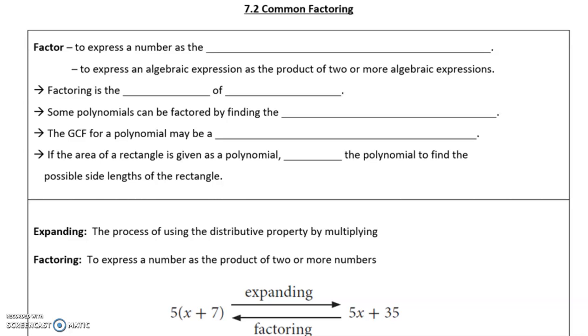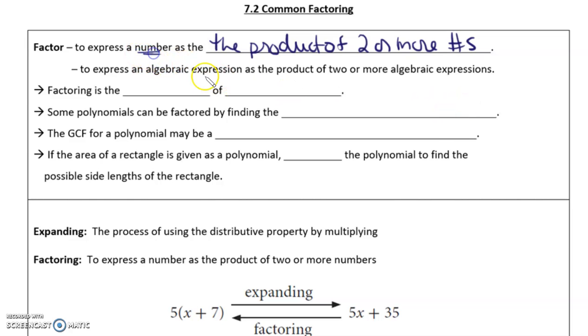7.2 common factoring. So what is factoring? To factor is to express a number as the product of two or more numbers, or to express an algebraic expression as the product of two or more algebraic expressions.